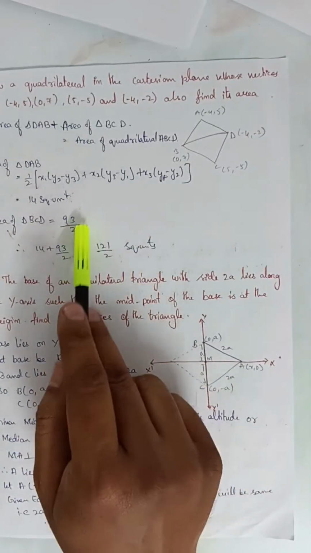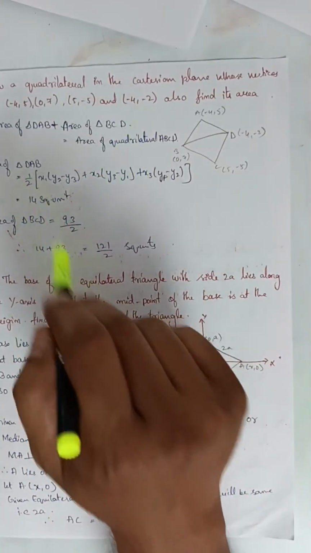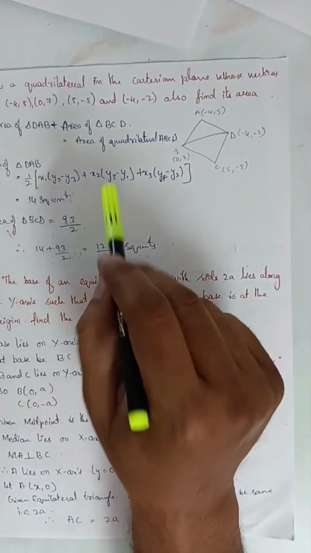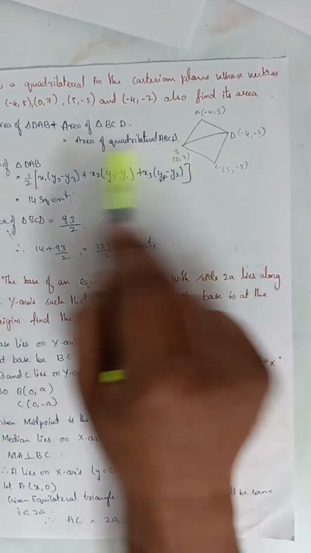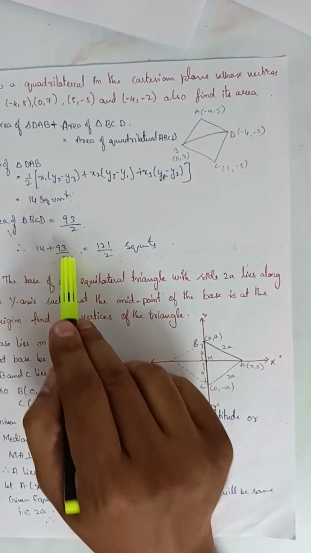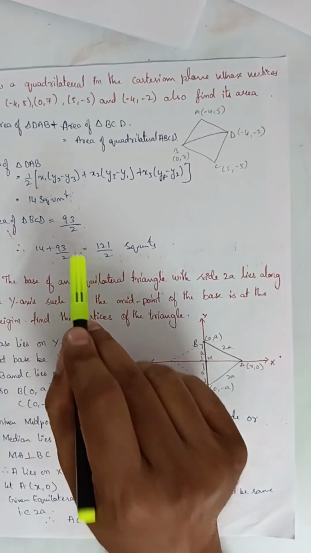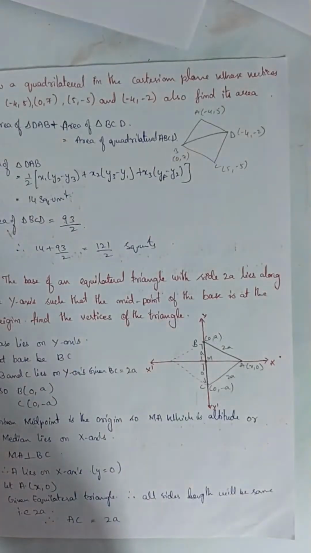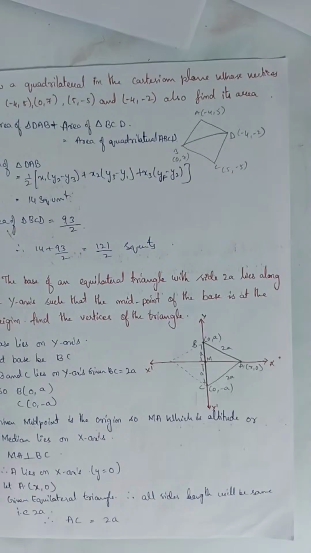Now add both the areas of the triangles, and we will get the area of the quadrilateral. So when we add 14 plus 93 by 2, we will get 121 by 2 square units.